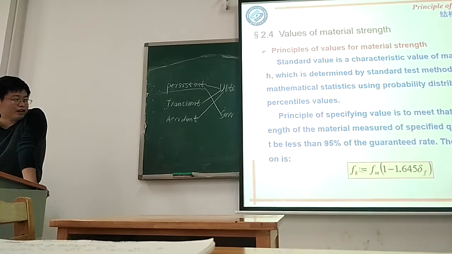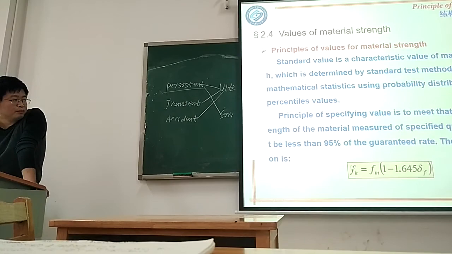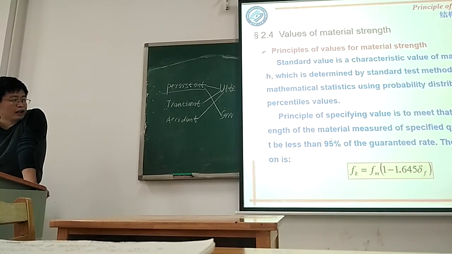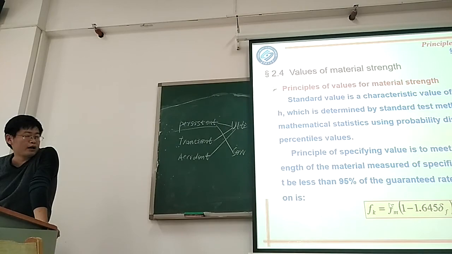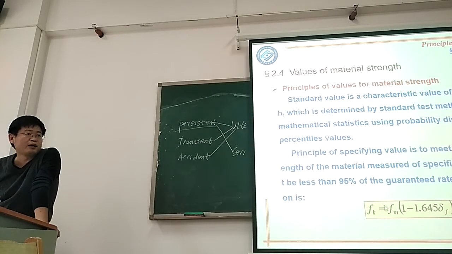From this formula, the result you get, Fk, means it has 95% guarantee compared with Fm. Fm is the result of the test every time the test is done. Fk is the standard value.